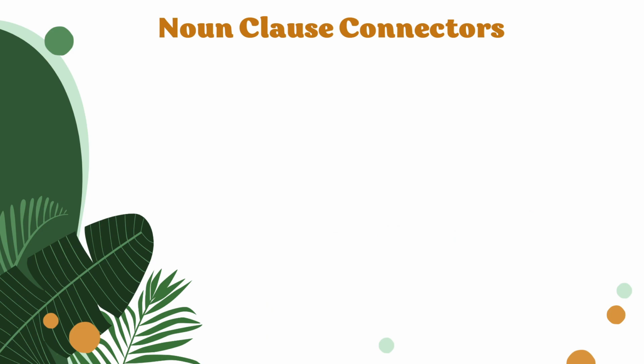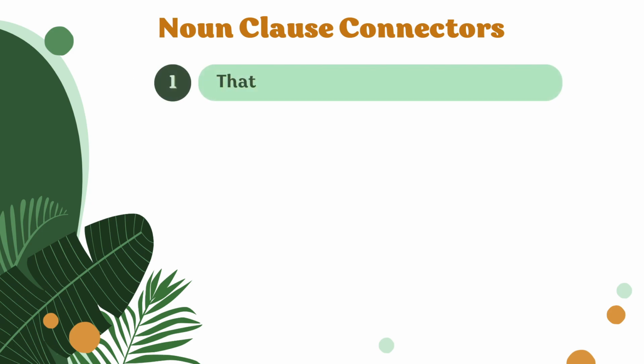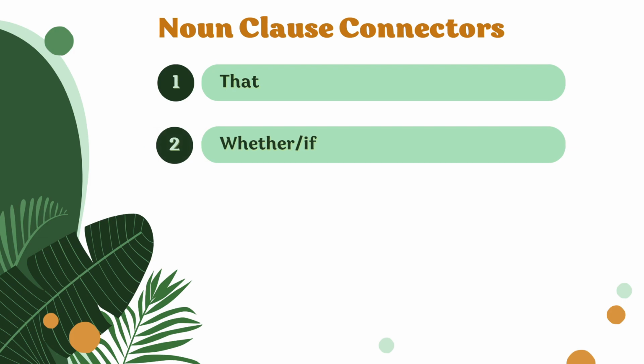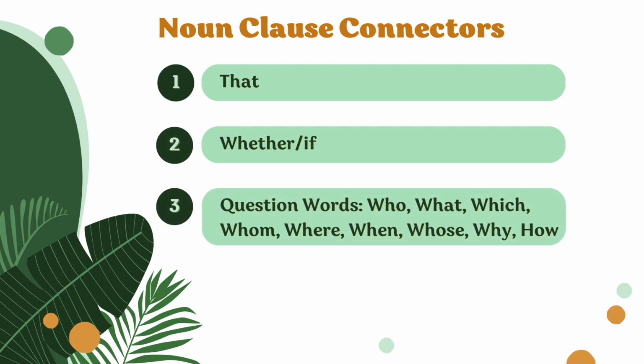We have connectors of noun clause. The first is "that." The second is "whether" or "if." The third is question words: who, what, which, whom, where, when, whose, why, and how.